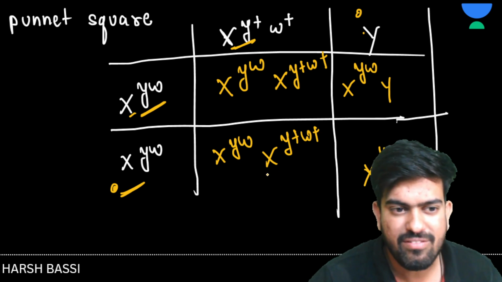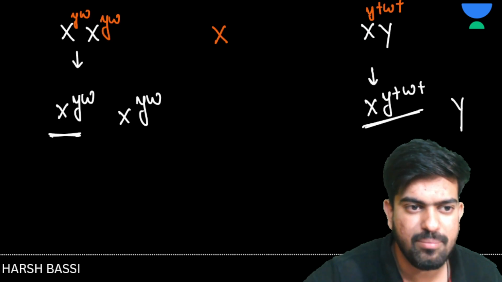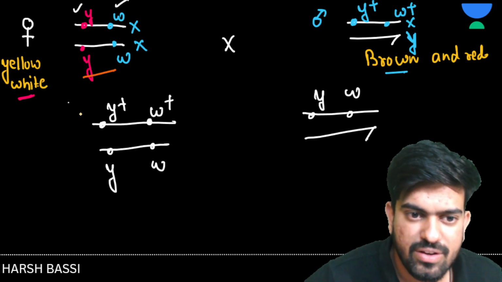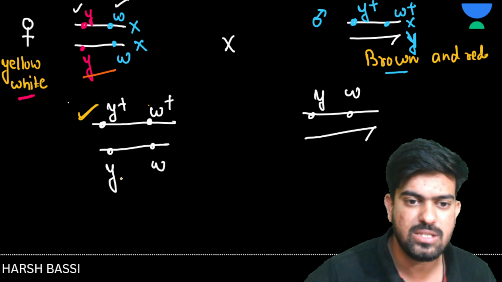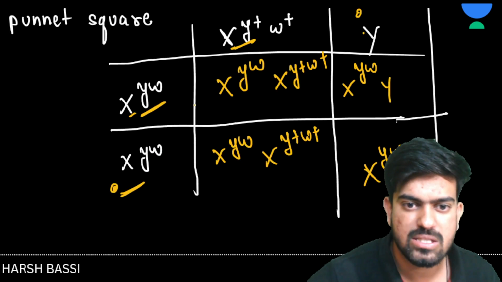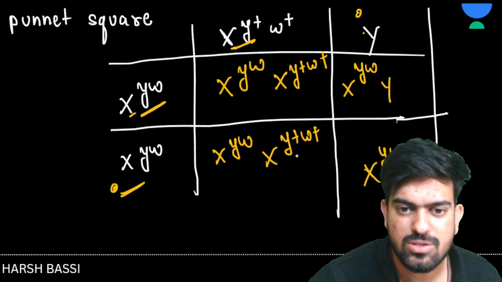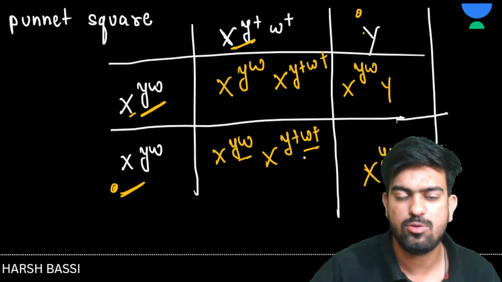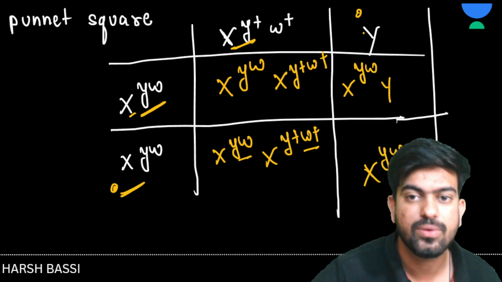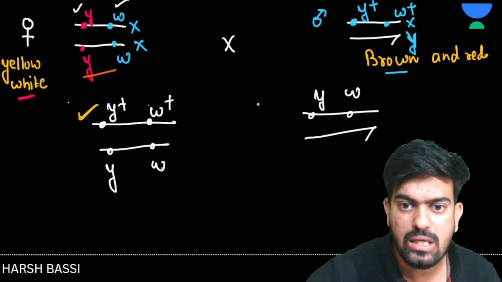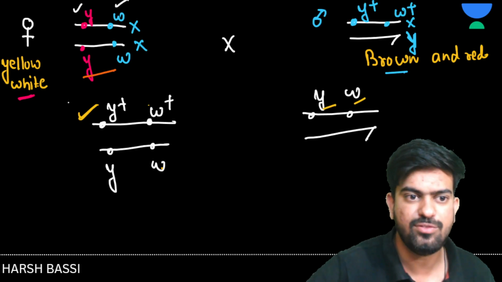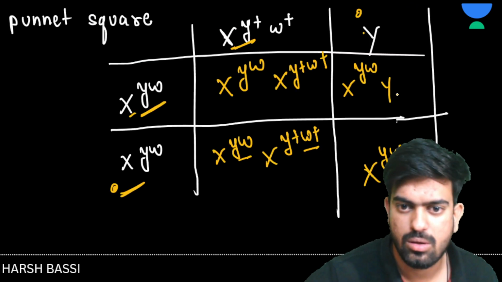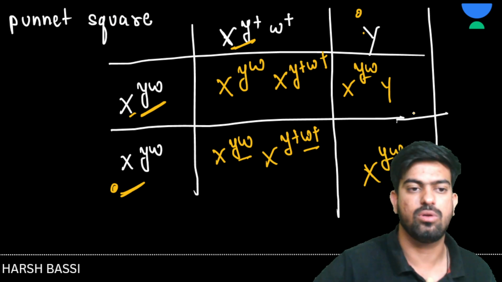And see, in the diagram we have written this thing only: Y plus W plus, YW. See, females: YW, Y plus W plus, YW, Y plus W plus. Yes or no? We are getting this only. And here, we are getting YW for the males. Yes or no?